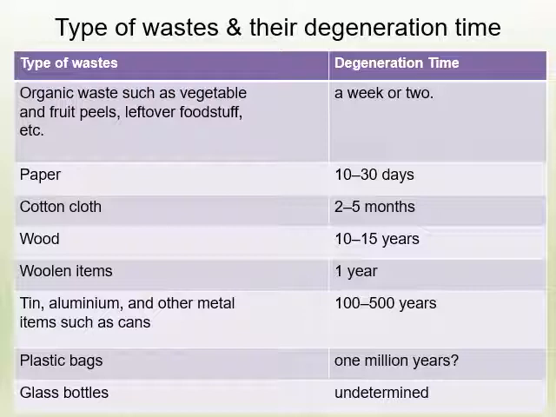First one is organic waste, biodegradable in nature: vegetable or fruit wastes, leftover food, etc. These will break up and rot in a week or two, maybe less. Paper takes 10 to 30 days, cotton cloth 2 to 5 months, and wood 10 to 15 years.